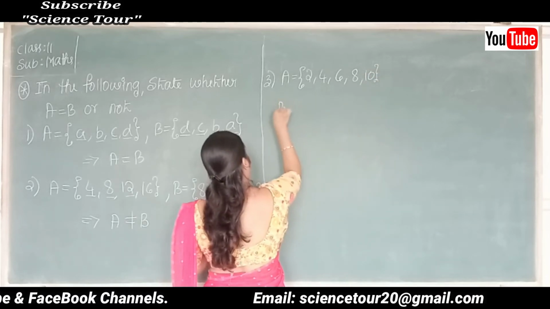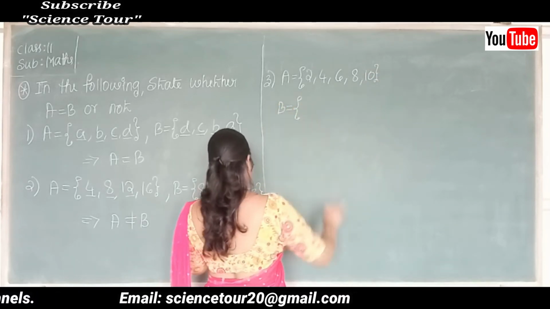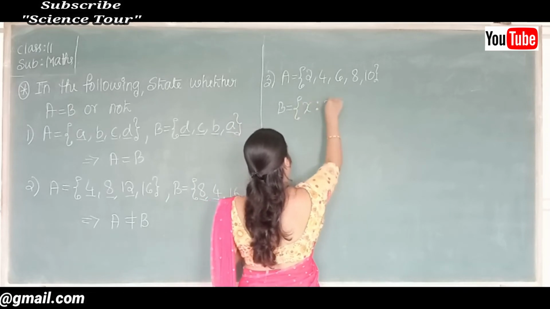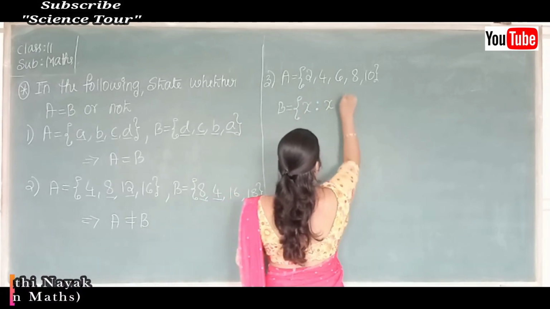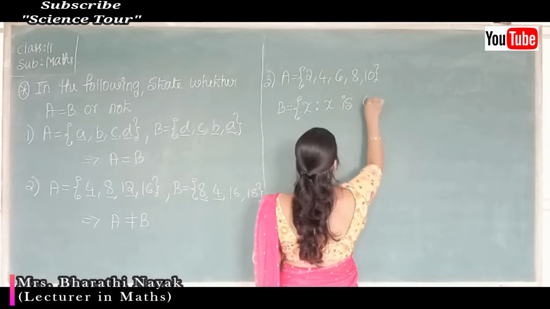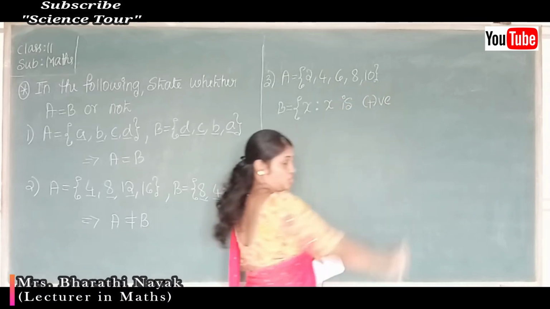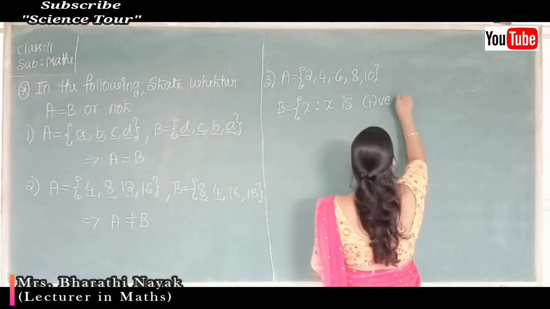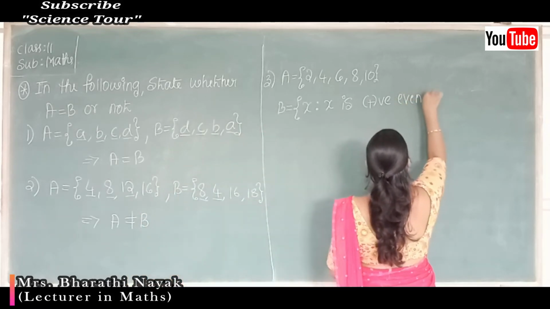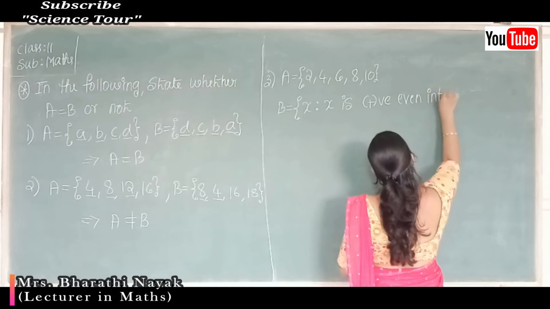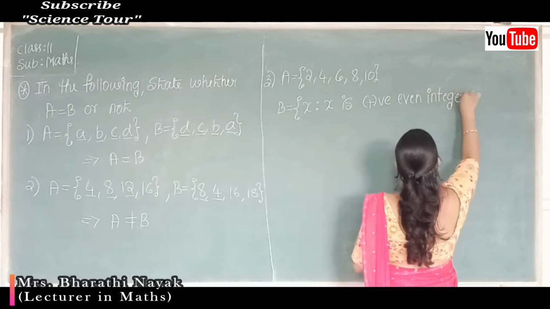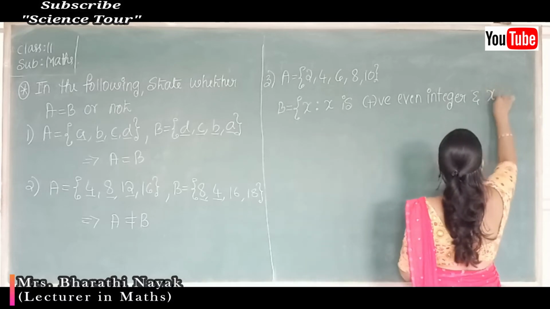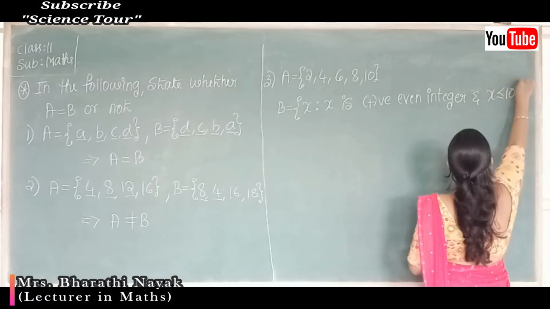Next, set B equal to set of all x such that x is a positive even integer. X is a positive even integer and that x must be less than or equal to 10.